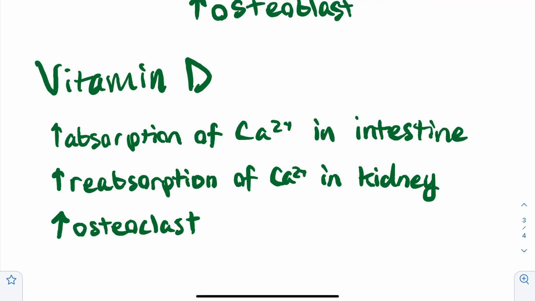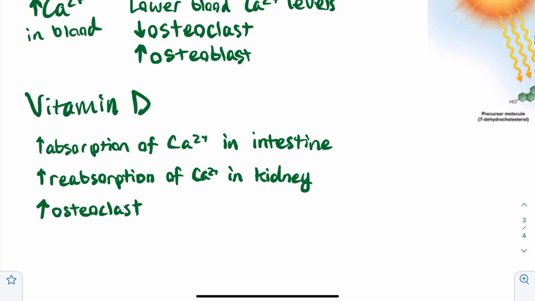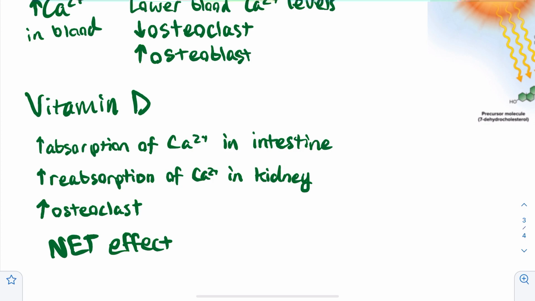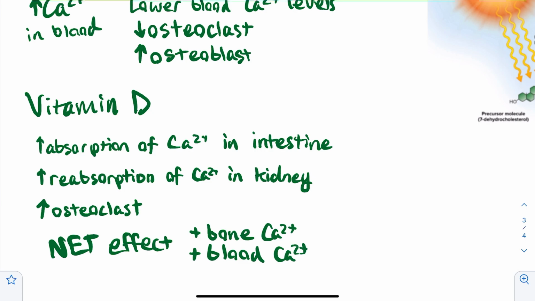But because it does so much absorbing and reabsorbing of calcium, we consider the net effect to be building up bone calcium and building up blood calcium. So it's going to do everything.